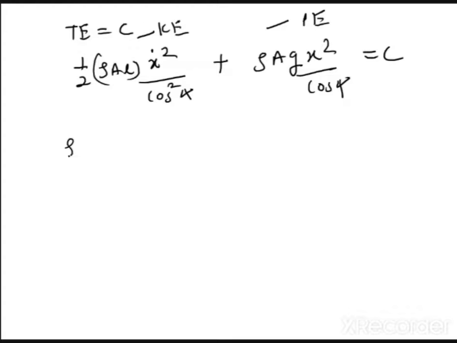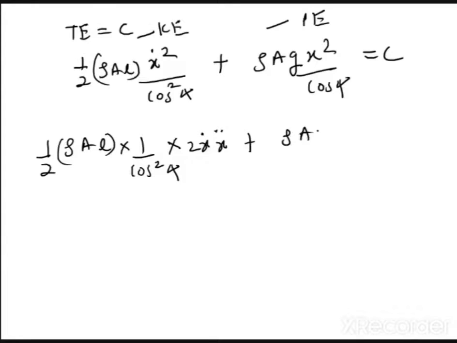So differentiate this with respect to time: half rho A L into 1 by cos square alpha, that will remain constant, into 2x dot into x double dot, plus rho A g upon cos alpha into 2x into x dot is equal to 0. Now tell me what will get cancelled here. This 2 will get cancelled, this rho A will get cancelled, then cos square alpha and cos alpha will get cancelled, so one cos alpha will remain.